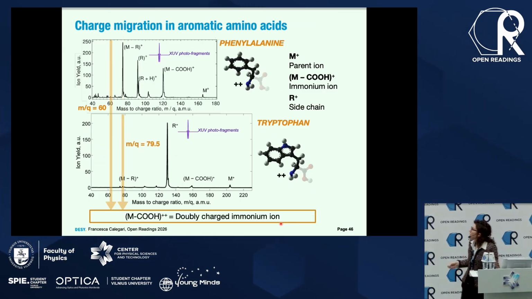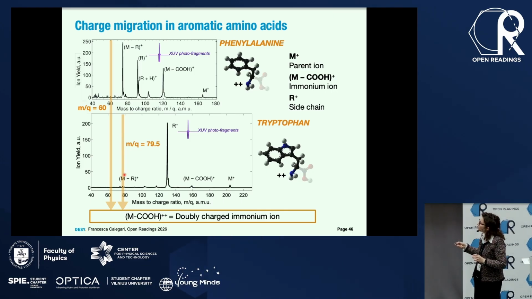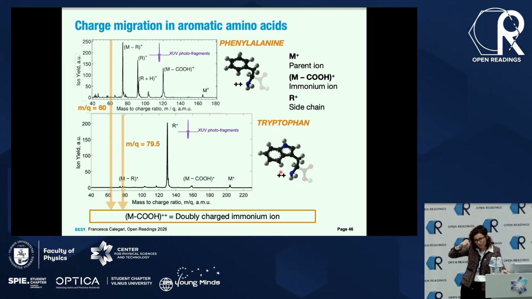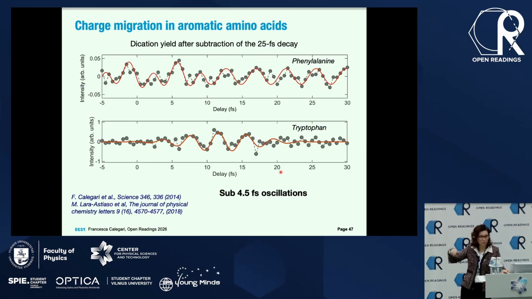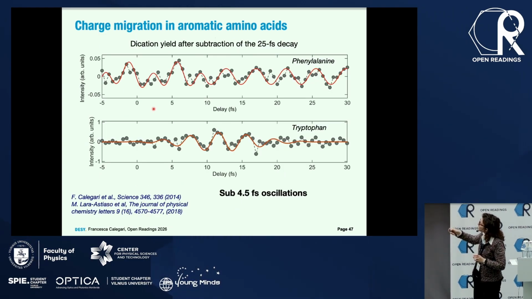In that case, we observed a very interesting dynamics in a fragment that is basically almost non-visible in this mass spectrum. It's the doubly charged ammonium ion, which results from the loss of this carboxylic group here. By measuring the yield of this fragment as a function of the delay between the two pulses, we could observe very fast modulation, very fast oscillations of the yield.